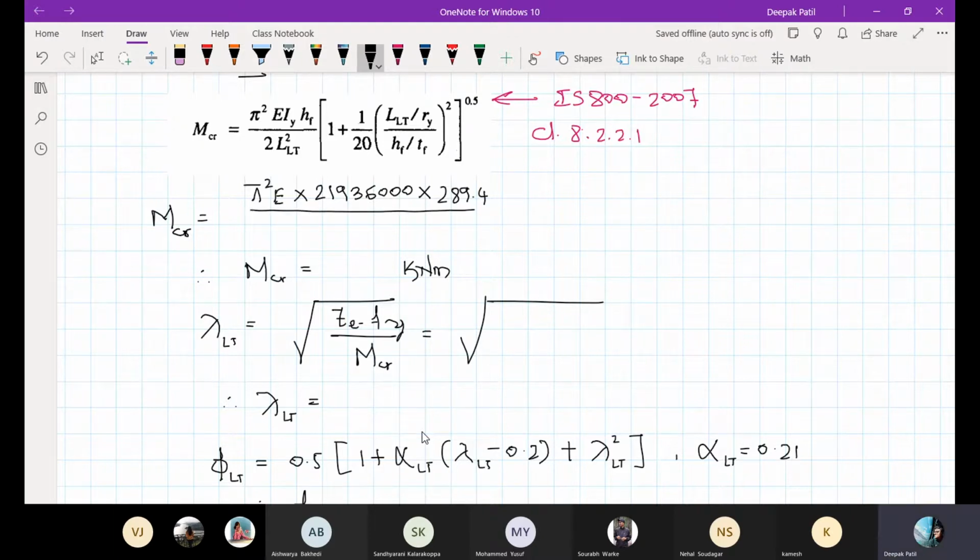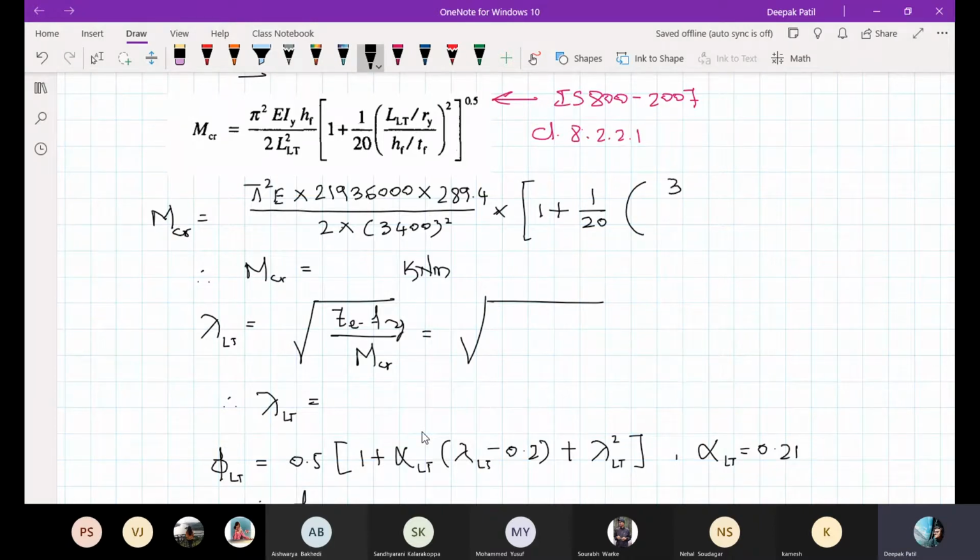This whole thing is divided by 2 times LT square. LT is the effective length of the column, and in the problem itself they have told that you have to take the effective length of the column as 3400 square. This is multiplied by square bracket 1 plus 1 divided by 20, into LT by Ry.